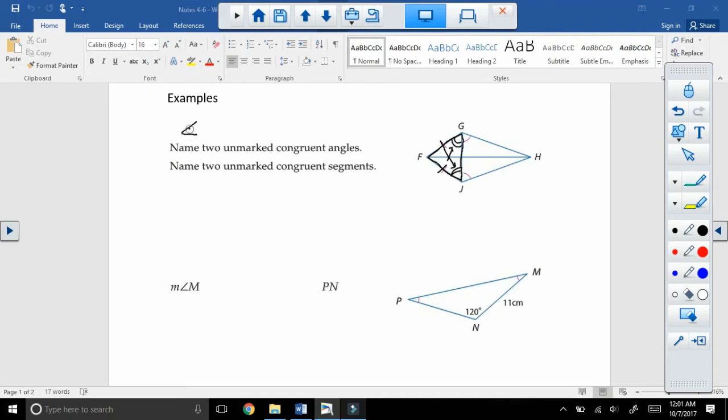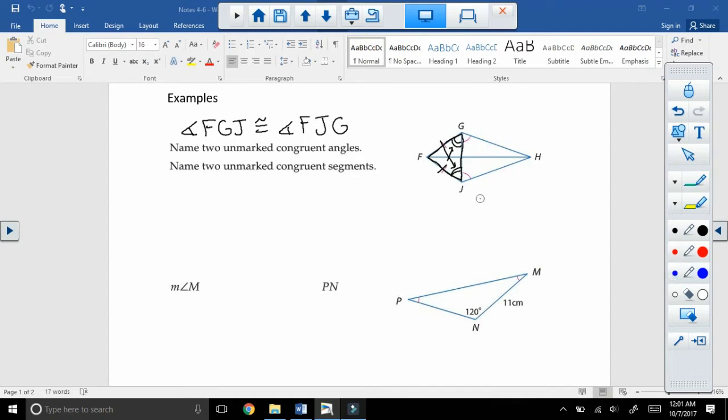So you could say that angle FGJ is congruent to angle FJG. And that would be the base angles theorem, because you start with the sides and then you say the angles are congruent.